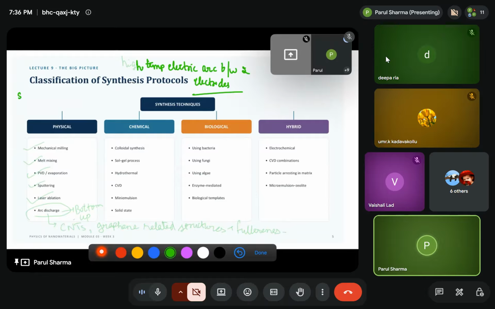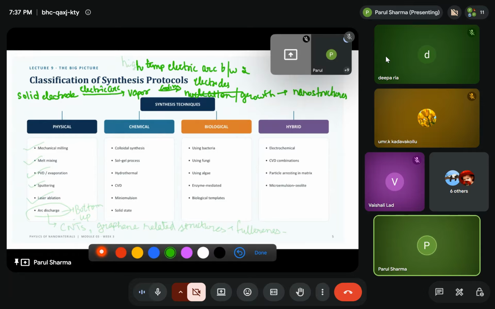So first we will have the solid electrode, then the electric arc, it will produce the vapor, then cooling, then nucleation plus growth, and finally we will have the nanostructures.